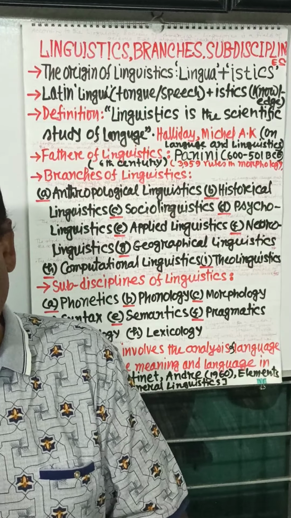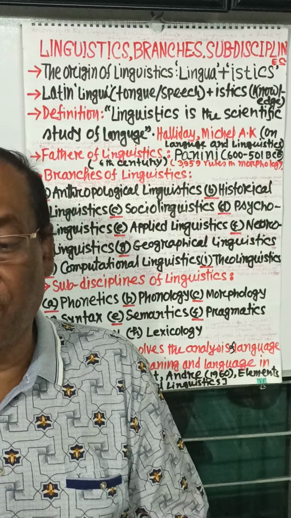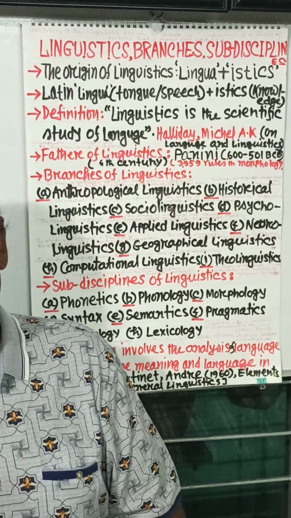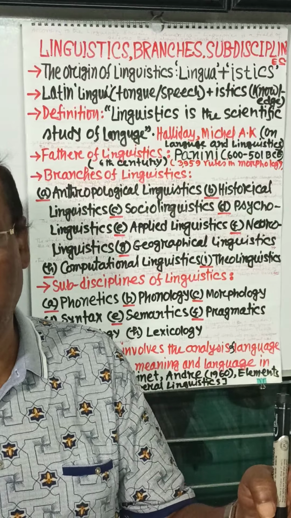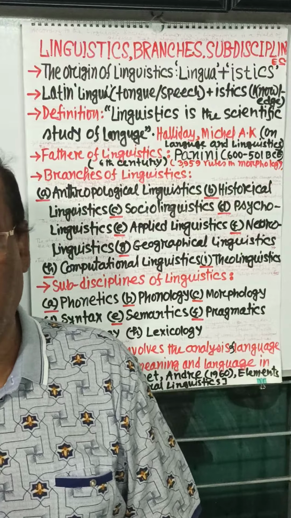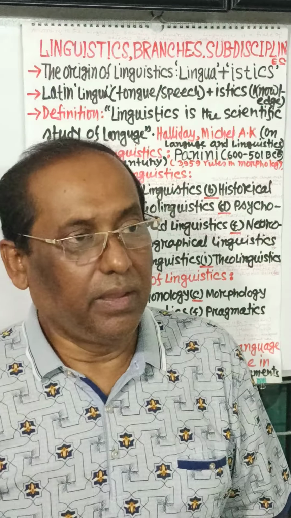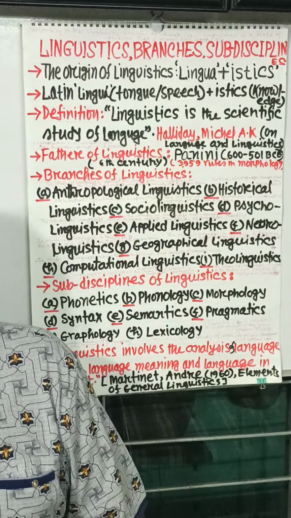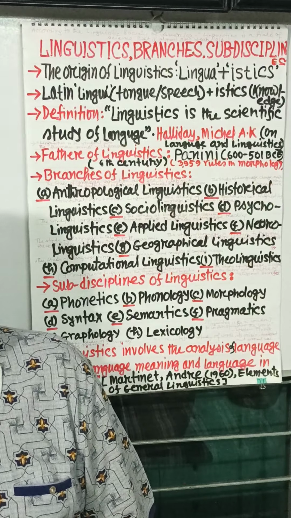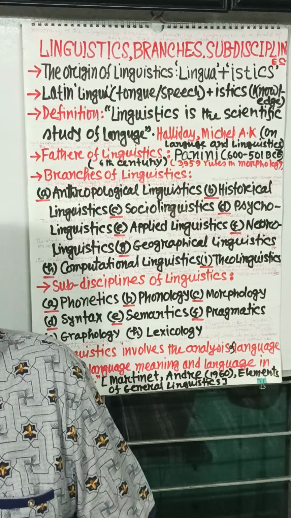He was born in Iran, but he is regarded as the first man who distinguished sounds from phonemes. My students, in the Middle Ages, there is a rapid development of linguistics almost all over the world.